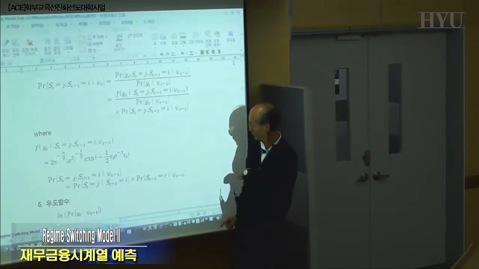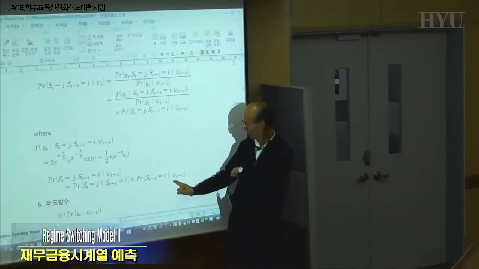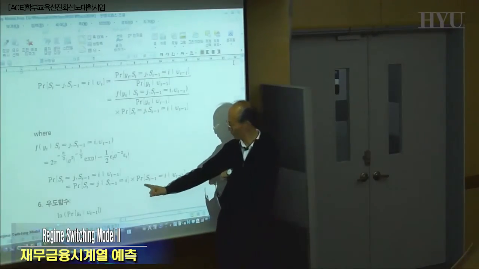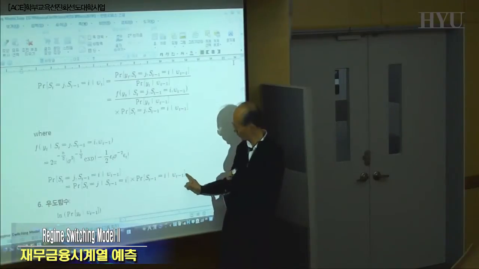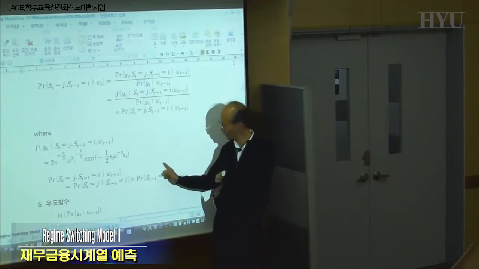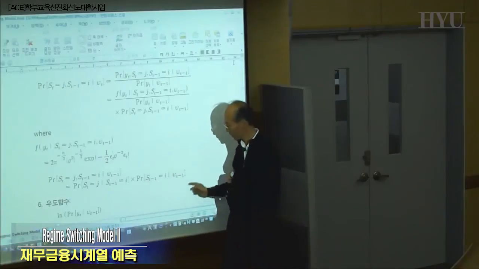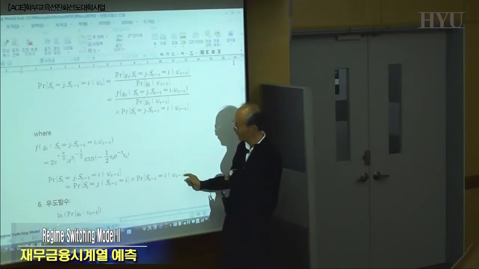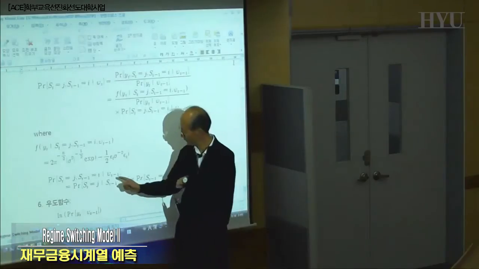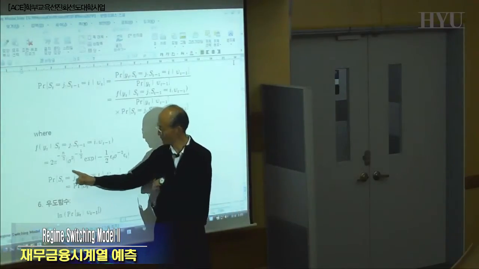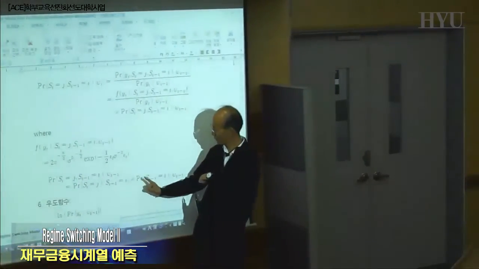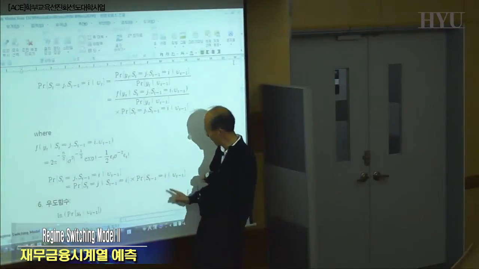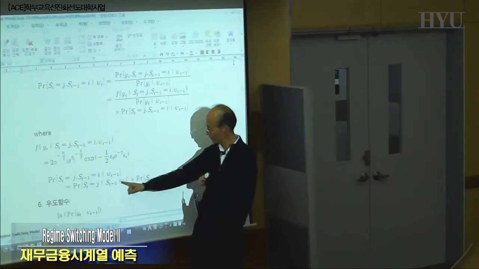What it says is, if you have the probability that the state in the previous period is i, using that information, suppose you know this number, then the probability that you observe this sequence can be computed by multiplying from this state to that state.